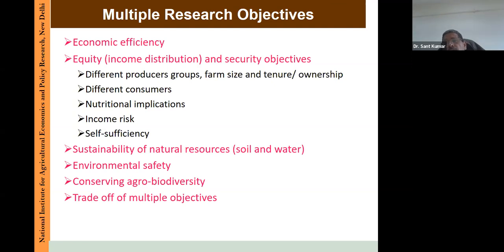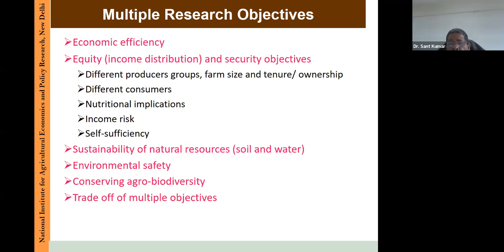There are multiple research objectives before developing any technology. We have economic efficiency as the foremost, and then simultaneously we also have the objectives of equity and income distribution, and the security objectives are different.